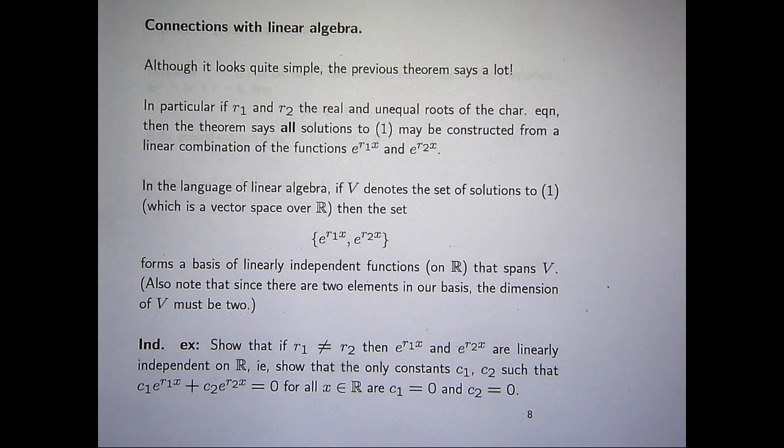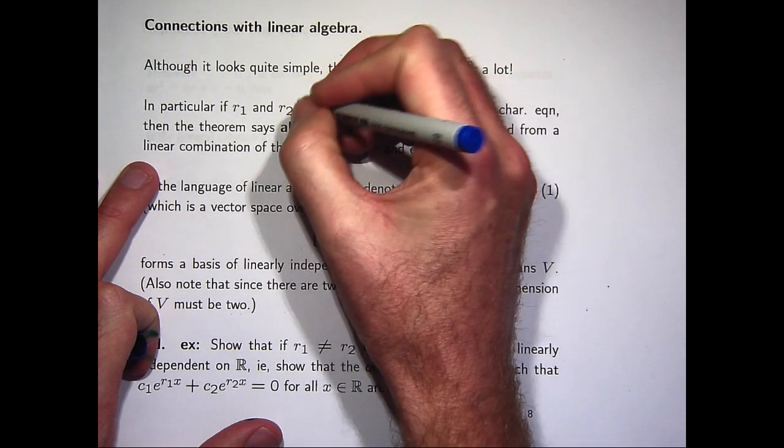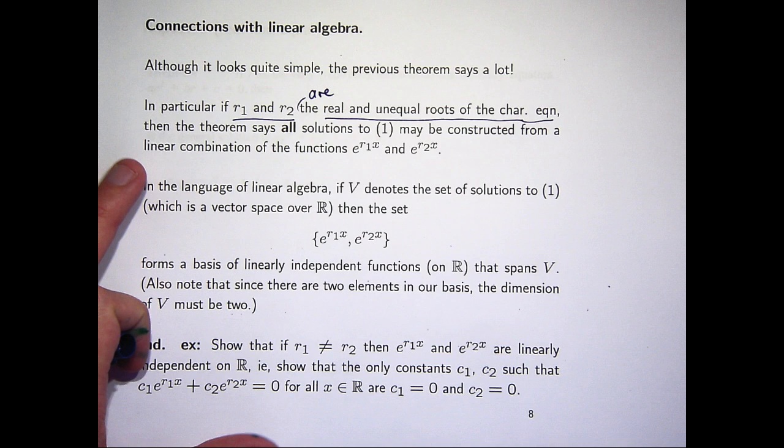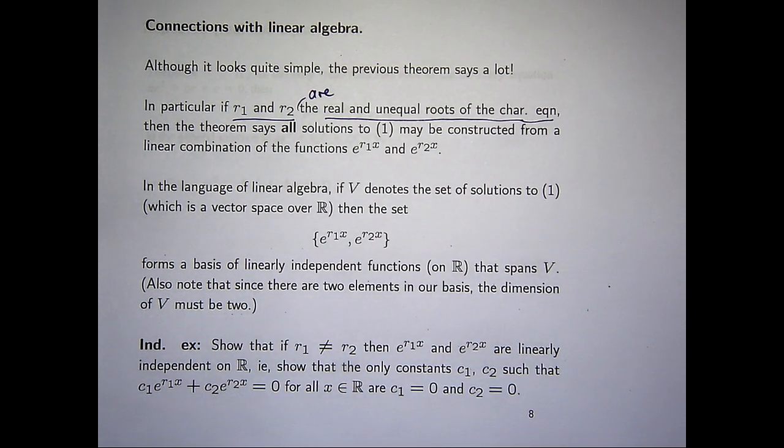What the theorem says is that if you have real and unequal roots of the characteristic equation, all solutions to the associated second order ODE may be constructed from just a linear combination of exponentials. Now that's quite amazing. You can catch every possible solution just by writing out a linear combo of special exponential functions.